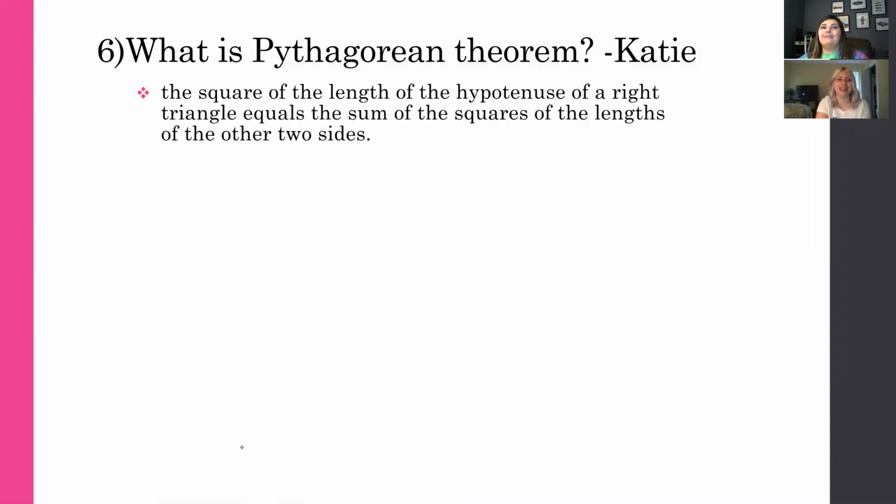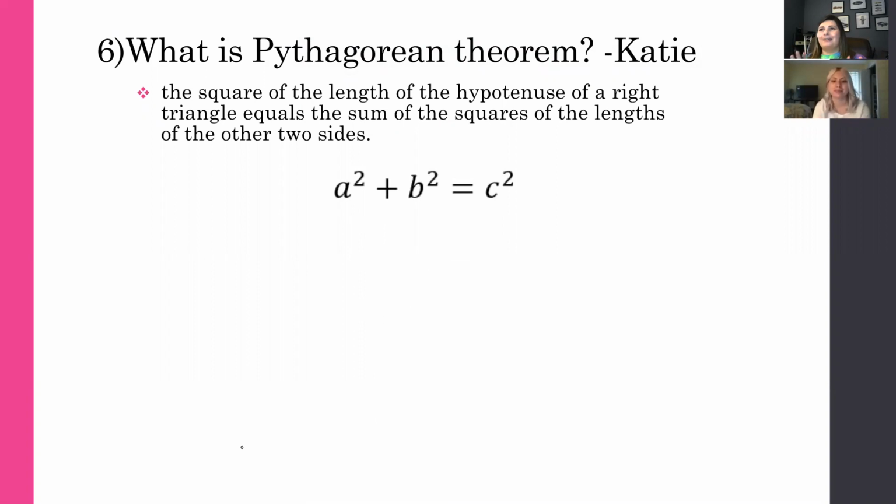The Pythagorean theorem is the square of the length of the hypotenuse of a right triangle equals the sum of the squares of the lengths of the other two sides. Boy, that's a tongue twister, and I don't understand that. Maybe you can break it down for us.